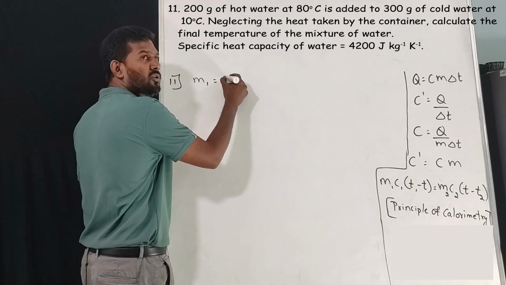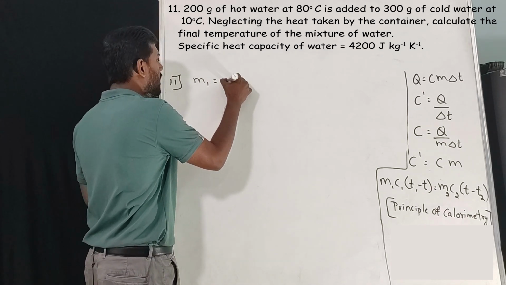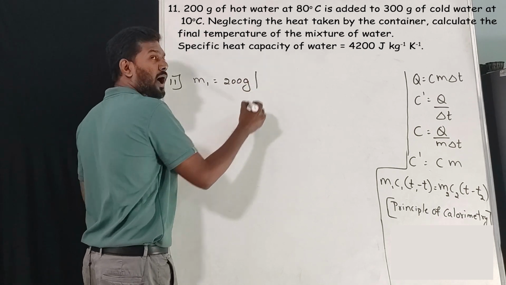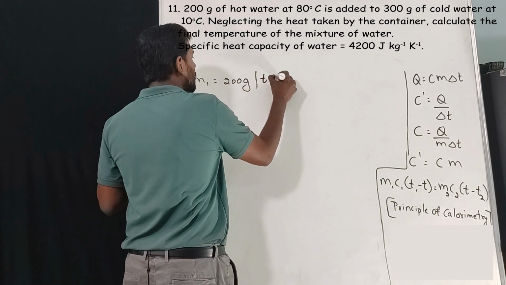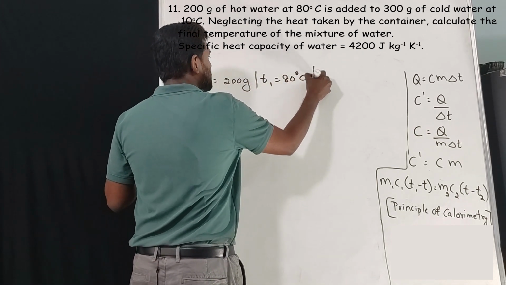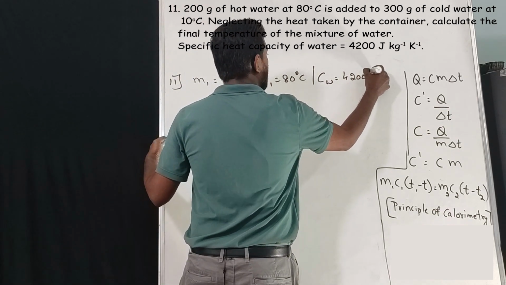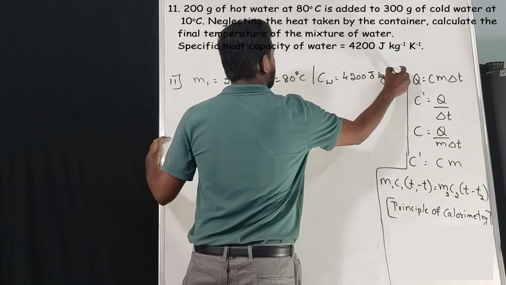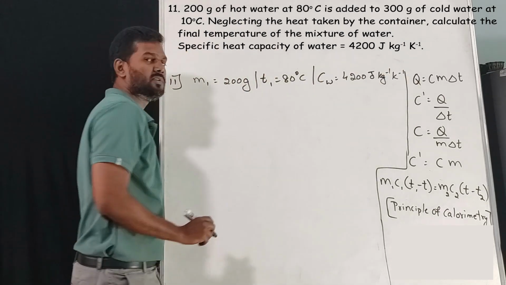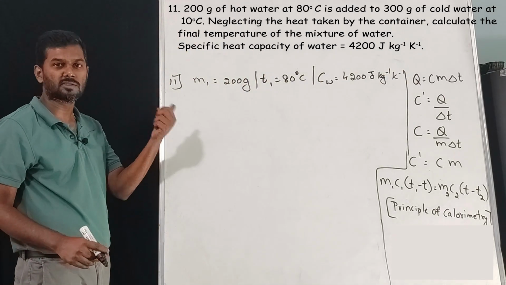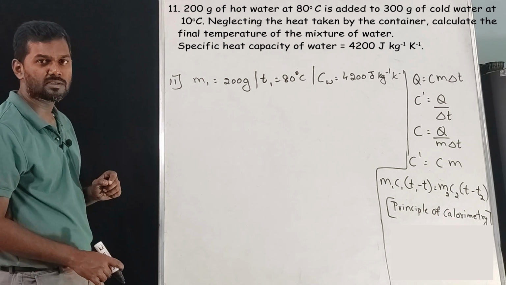So mass 1 is equal to 200 grams and temperature T1 is equal to 80 degrees Celsius and Cw is equal to 4200 joules per kg per Kelvin. Don't worry about this one. For this question you will understand why while writing the answer.